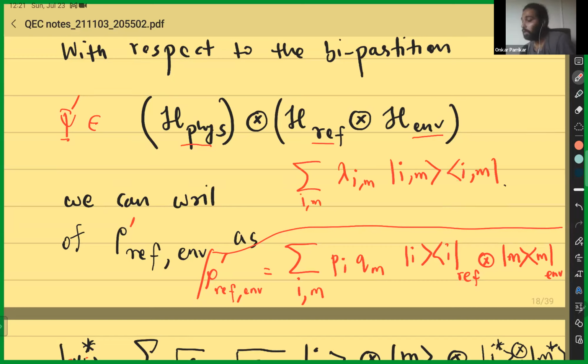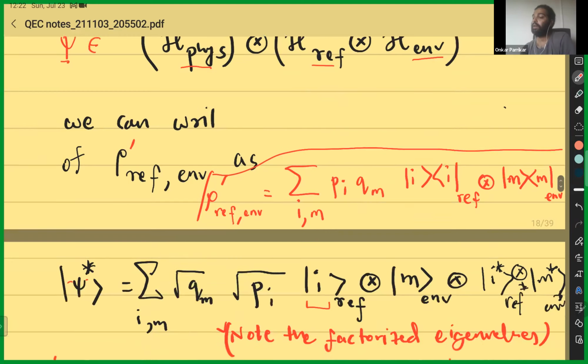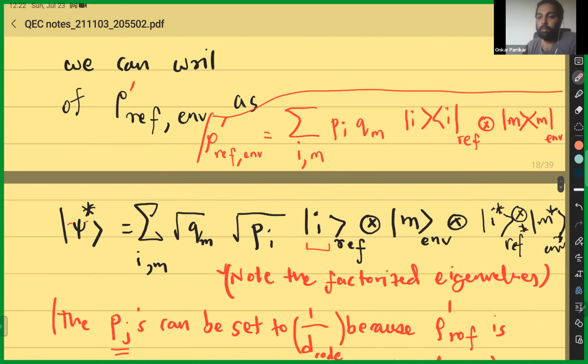Any density matrix I can write in this way, but I'm further using the fact that this density matrix factorizes between the reference and the environment, and that allows me to specialize to this case. In particular, these eigenvectors factorize into I tensor M, and more importantly, the eigenvalues factor. I'm crucially using here the fact that I'm told that this density matrix rho prime is factorized between the reference and the environment.